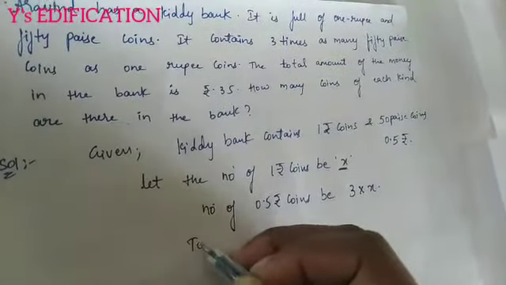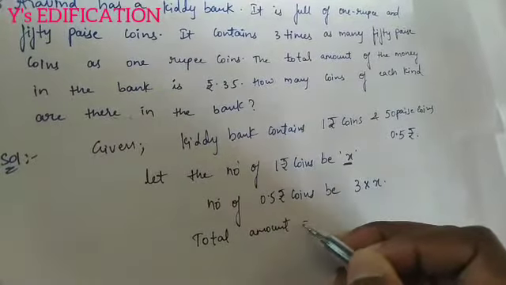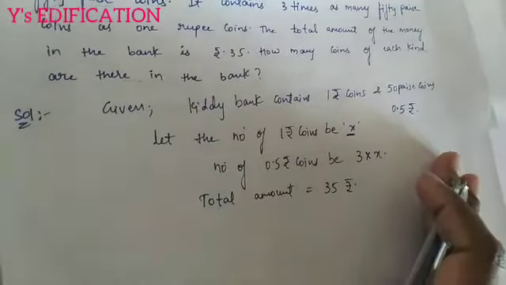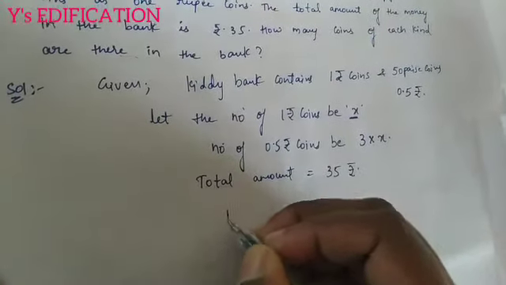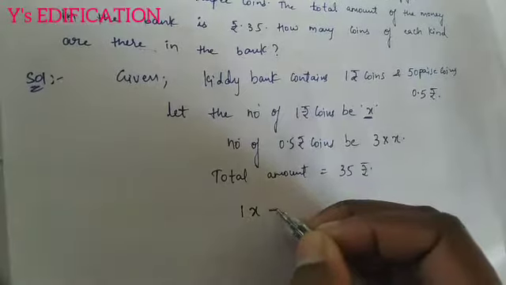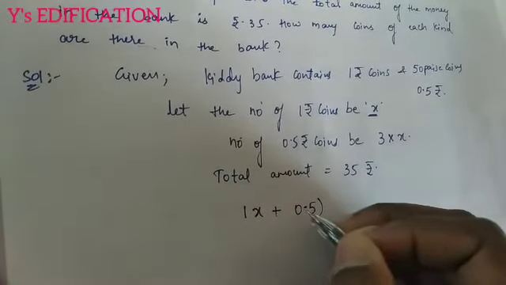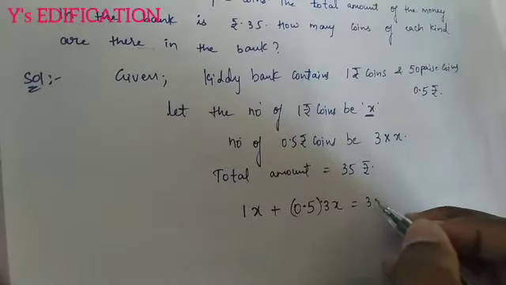So the total amount is 35 rupees. They are asking how many of each kind there are. So according to the question, 1 rupee coins, 1 into x, plus 0.5 into 3x is equal to 35.